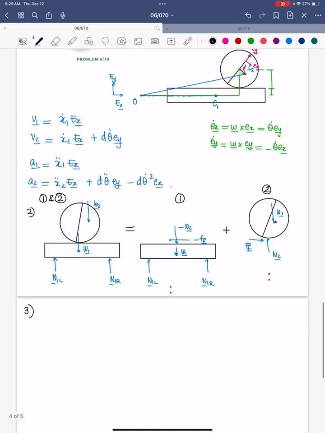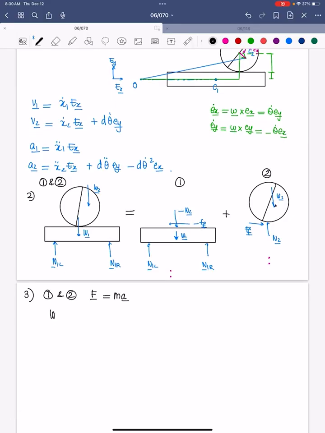Okay, so for system 1 and 2, we can do F equals ma to get W2 plus W1 plus N1L plus N2L, N1R, okay, is equal to the mass times acceleration.